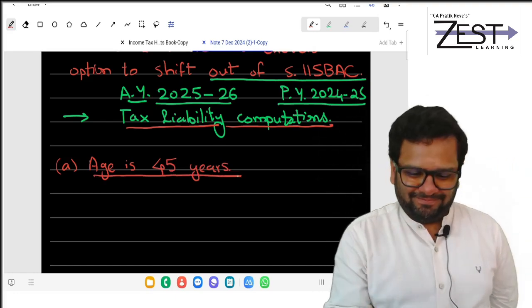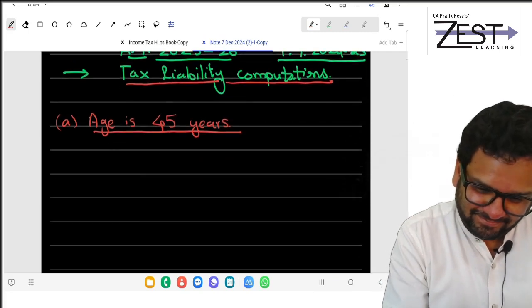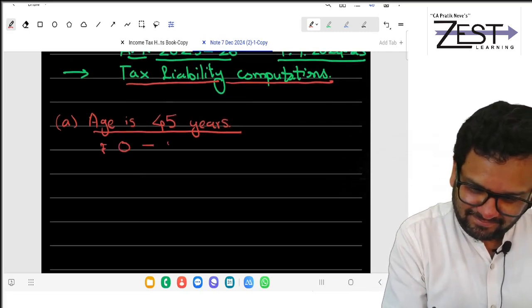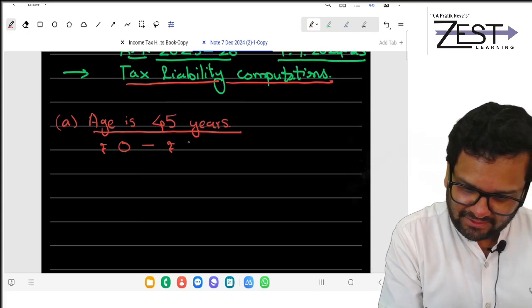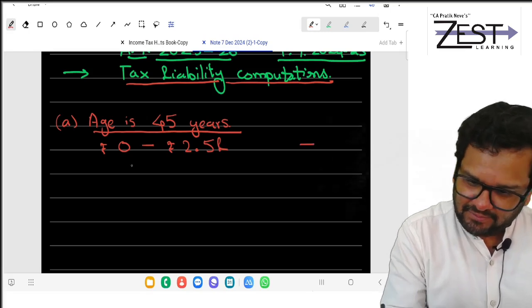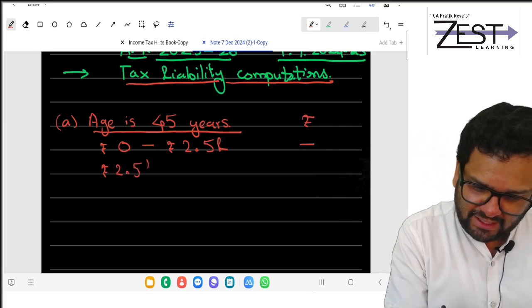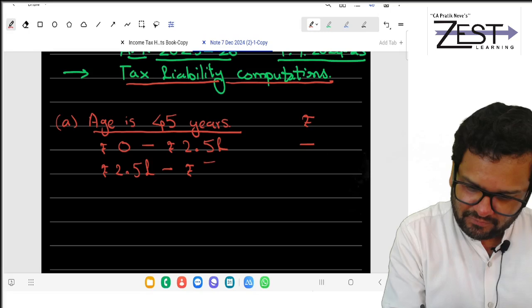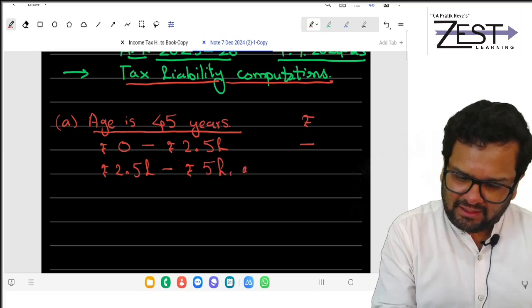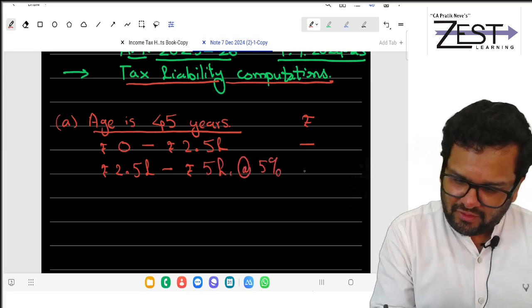So 0 to 2.5 lakhs, no tax. 2.5 lakhs to 5 lakhs at 5%.